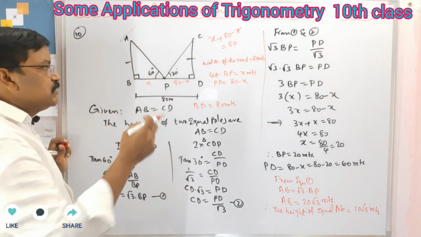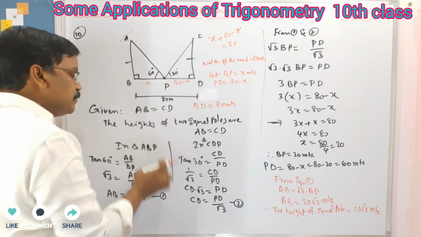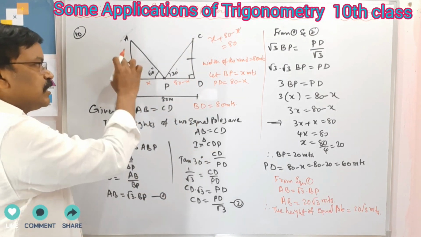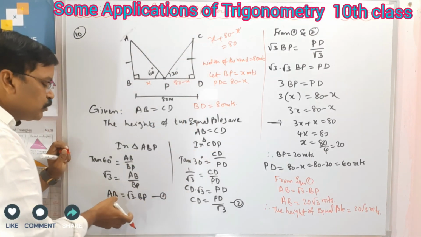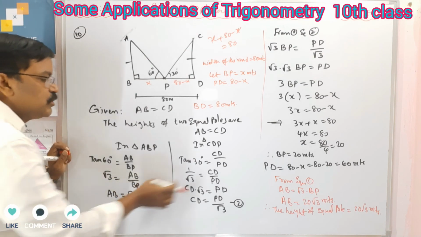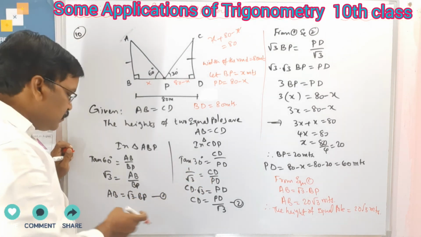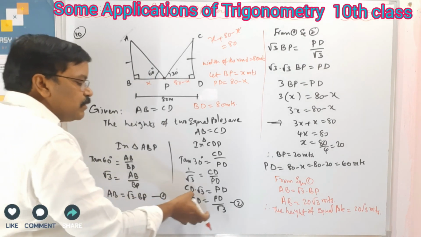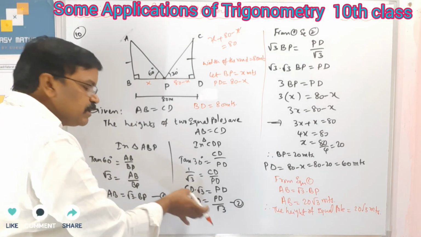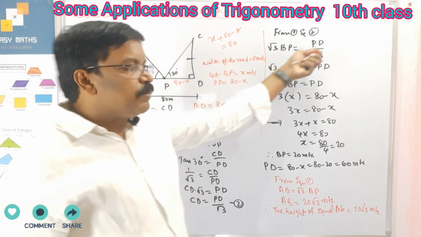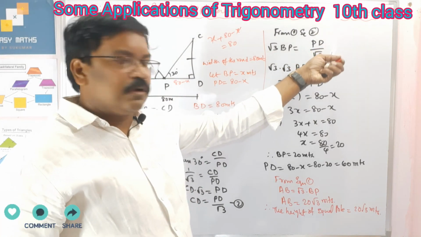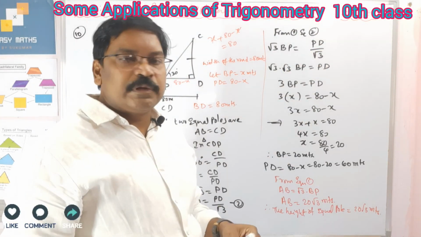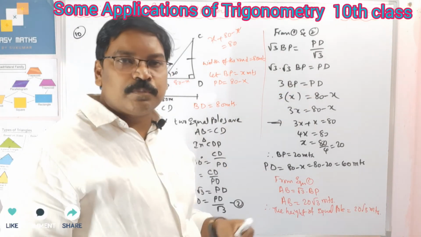What next, my dear students? I take the two triangles first, ABP and CDP. In the two triangles AB and CD are equal. I take tan 60 and tan 30, and I made AB the subject and CD the subject. Why? AB and CD are equal. So from equations 1 and 2, root 3 BP is equal to PD by root 3. From this, 3 BP is equal to PD.